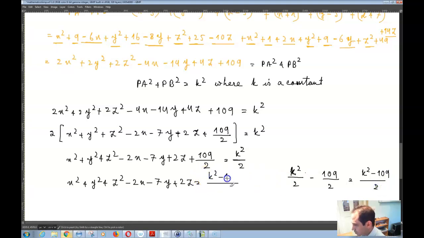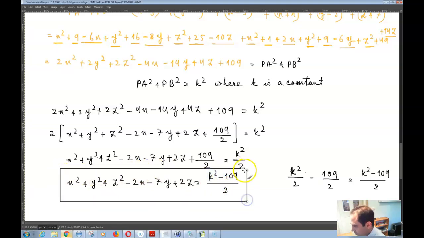And that is the equation that we were looking for.